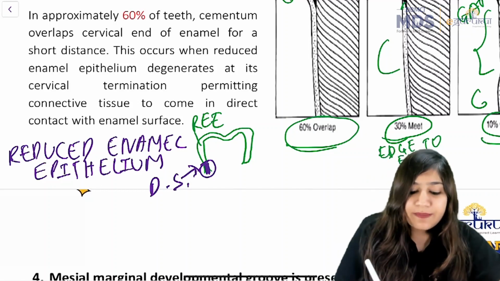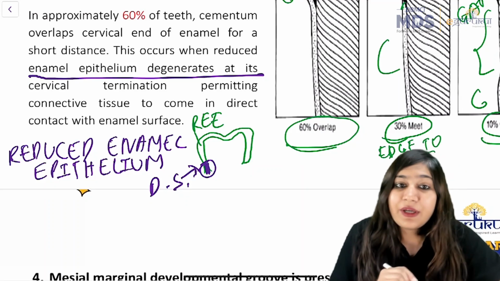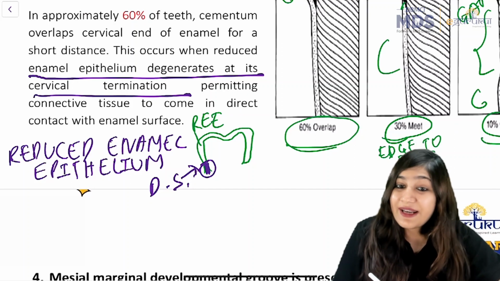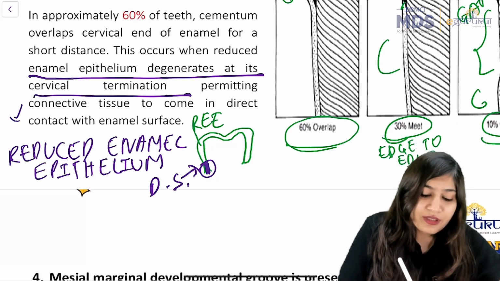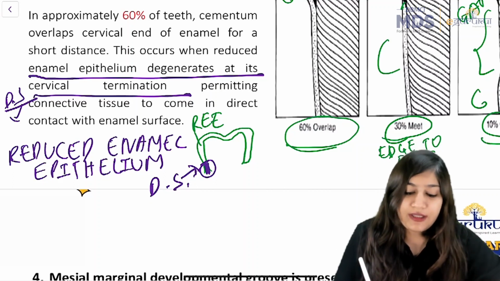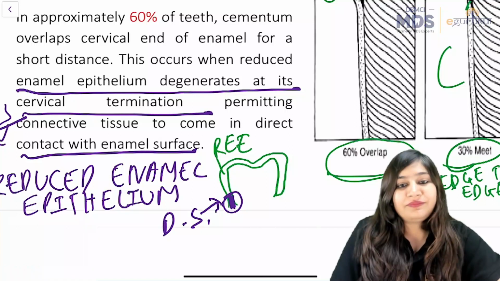So it occurs because of reduced enamel epithelium retraction at its cervical termination, permitting the connective tissue, that is our dental sac, to come in direct contact with the enamel surface, right?